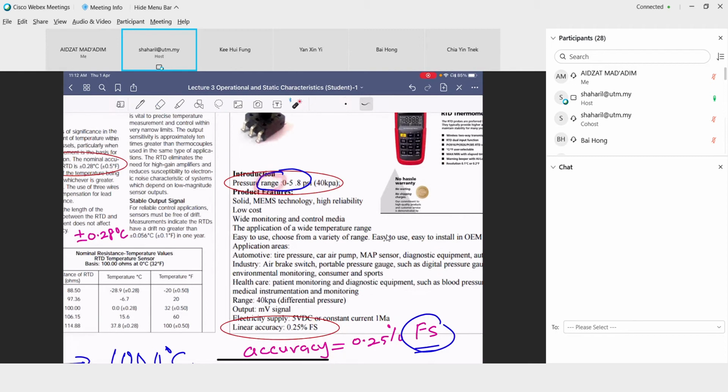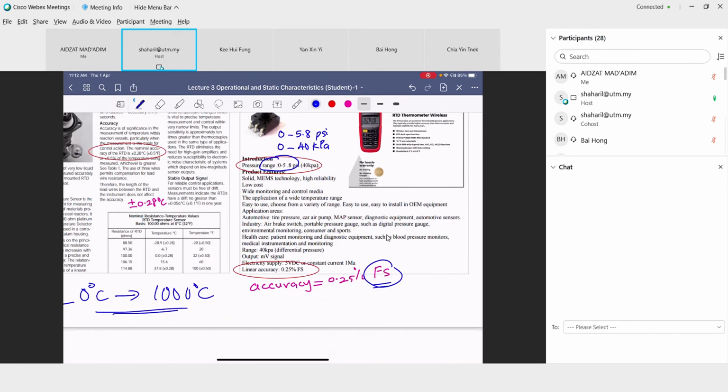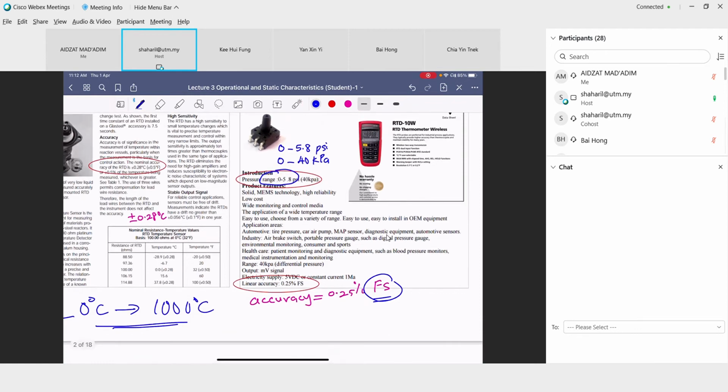Oh, the range is 0 to 5.8 psi, or 0 to 40 kPa. If the pressure you want to measure is inside that range, you can consider this type of transducer.